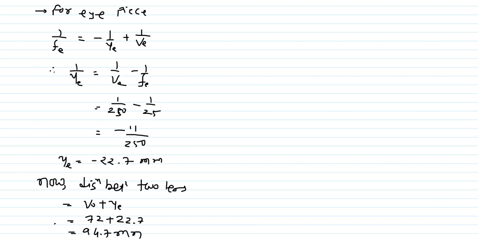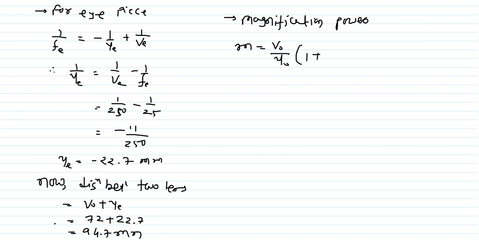And the magnifying power M is equal to VO upon UO times 1 plus D upon FE, that is 72 upon 9 times 1 plus 250 upon 25. When you solve this, your answer is 88, right?